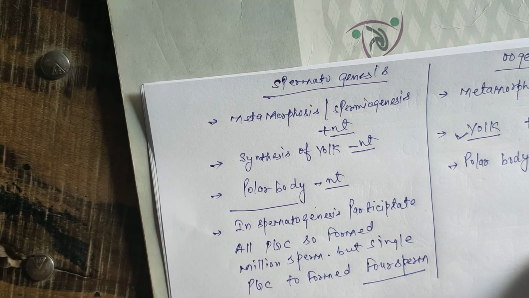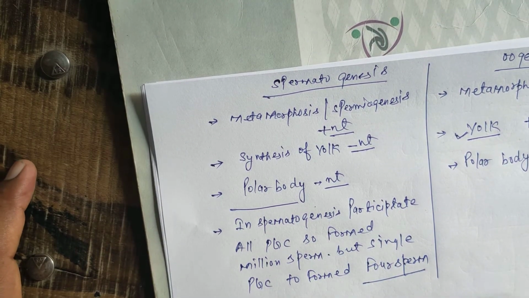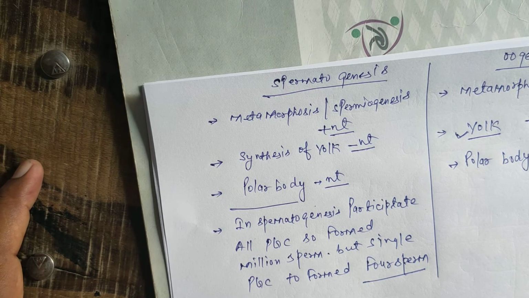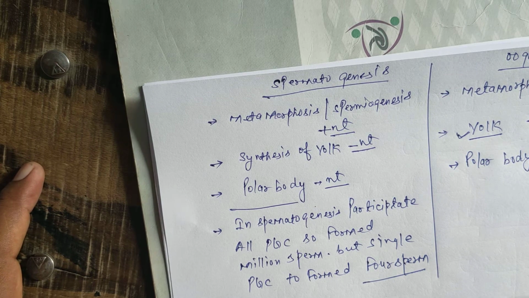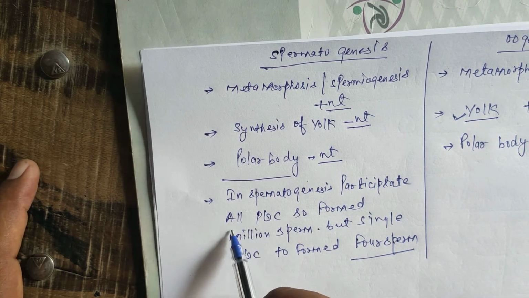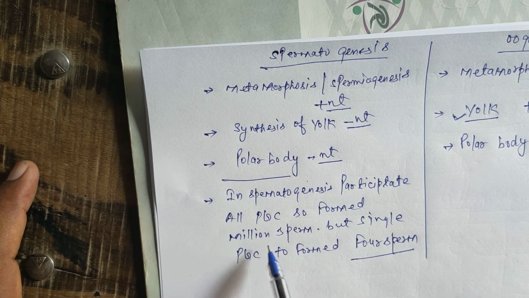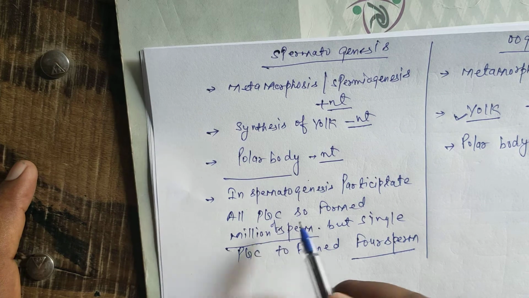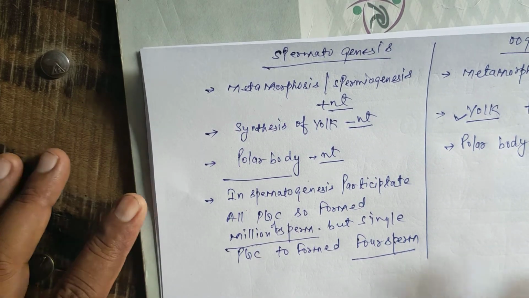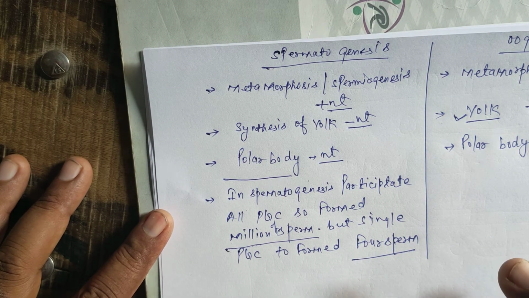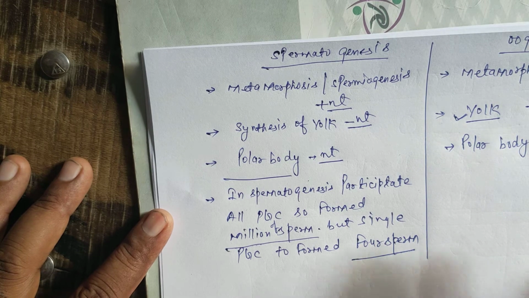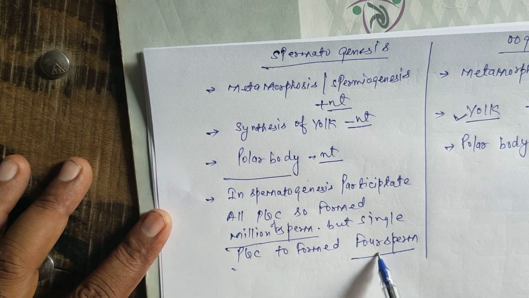Once again, in spermatogenesis all PGC participate. PGC means primordial germ cell. Primordial germ cell is a specific diploid cell. They are located in reproductive organs like testes and ovary. Once again, all PGC form millions of sperm. In one ejaculation humans release 200 or 300 million sperm, but a single PGC forms 4 sperm.